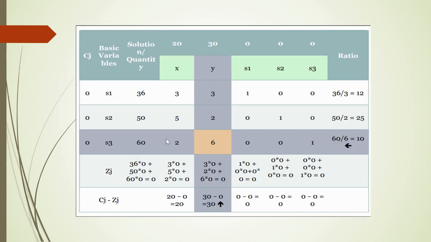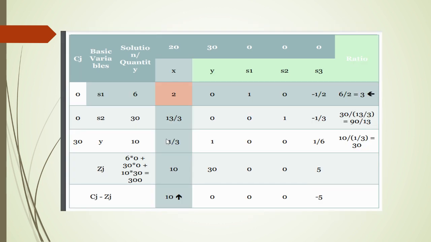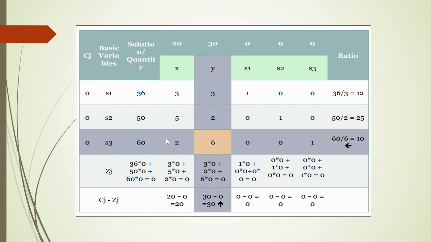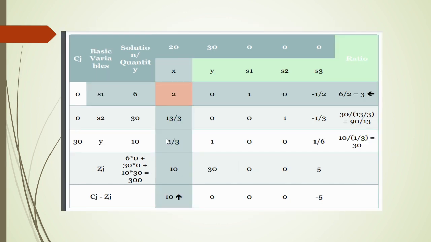In the same way, we multiply the new row by 3, which gives 30, 1, 1 by 3 into 3 is 1, and 1 into 3.